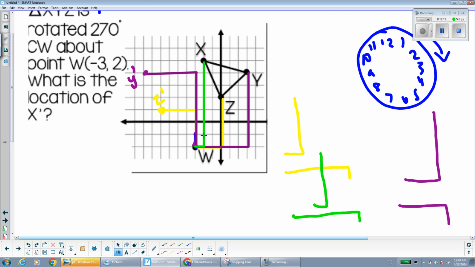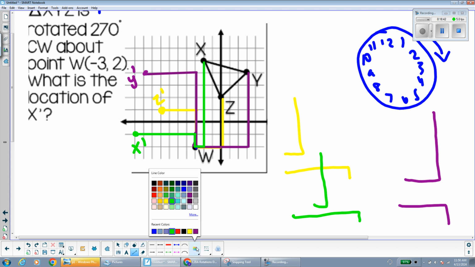So that's 1 over and 1, 2, 3, 4, 5, 6, 7. And that is the point X prime.